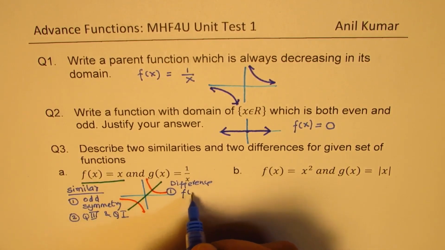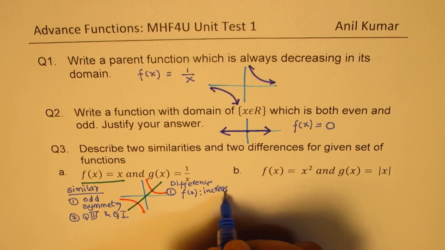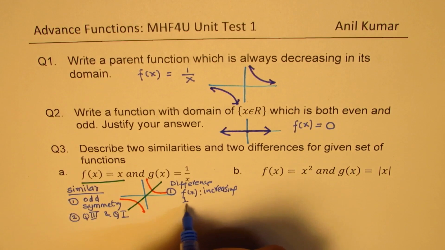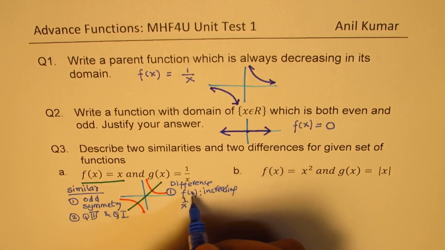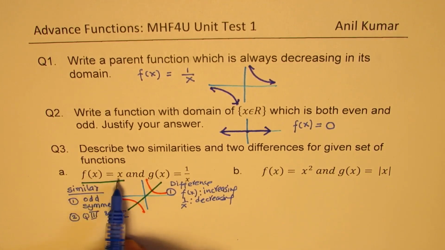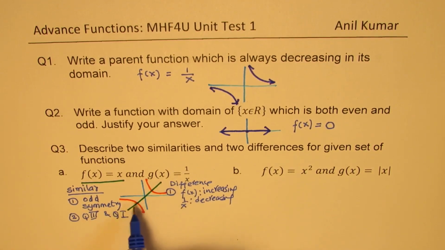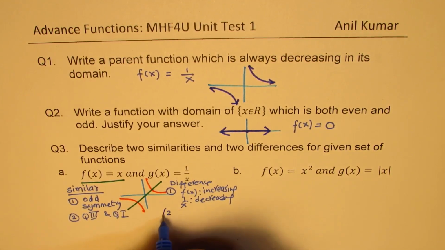So we say f of x is increasing, and 1 over x is decreasing, correct? So f of x, which is a straight line, is increasing. G of x, which is 1 over x, is always decreasing in the domain. That is one difference.